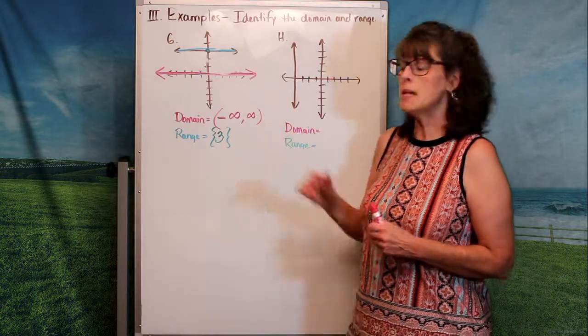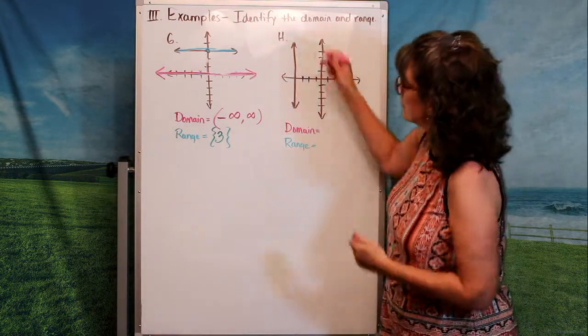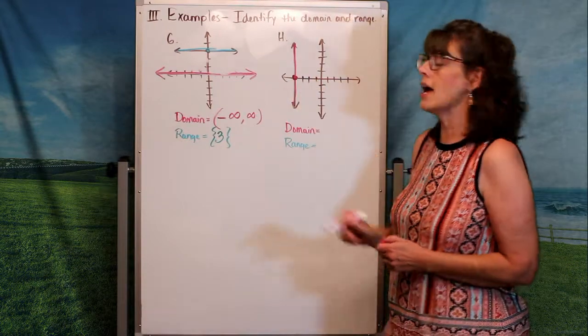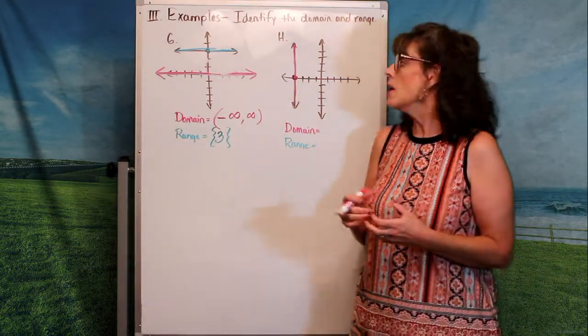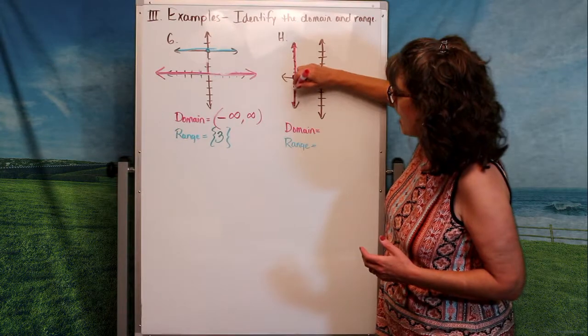Once again, a domain being the x, I'm going to squish this up on that x-axis. So this is going to come down through here. This is going to come up through here, and once again, only one x is being identified, only one x value. In other words, every one of the points on this particular line, all the points down through here, every one of them has the same x coordinate.